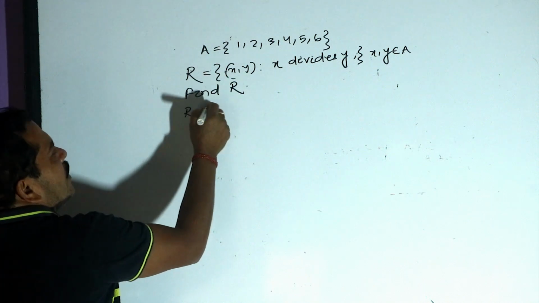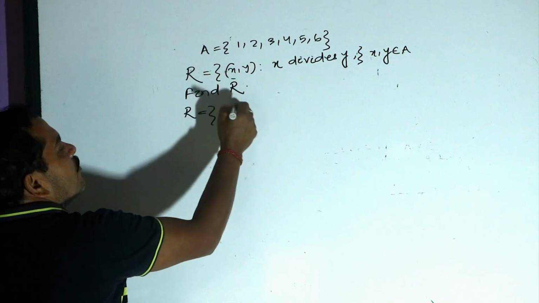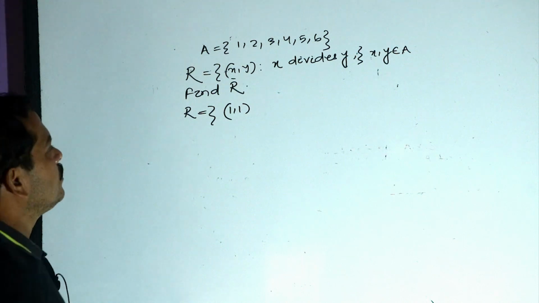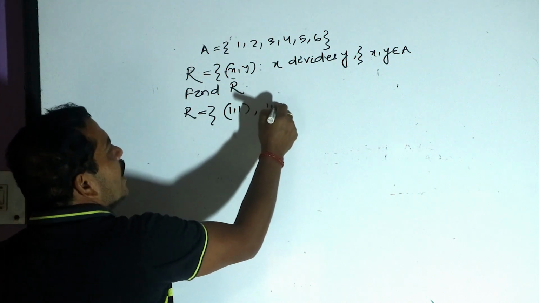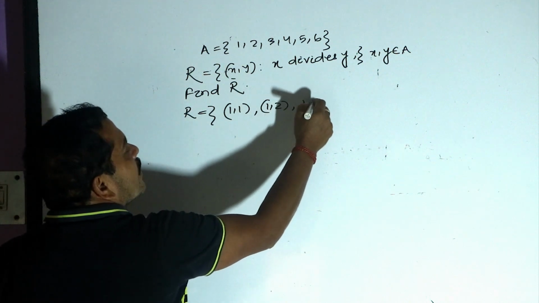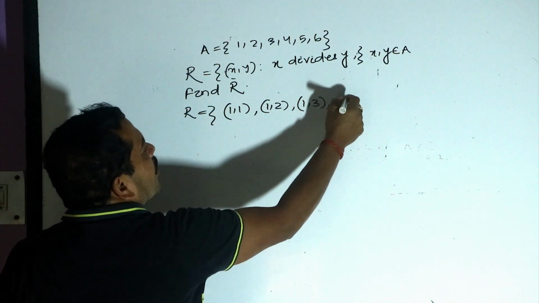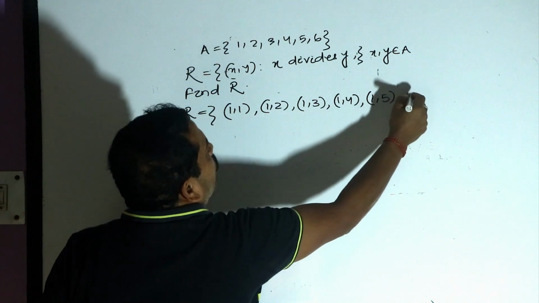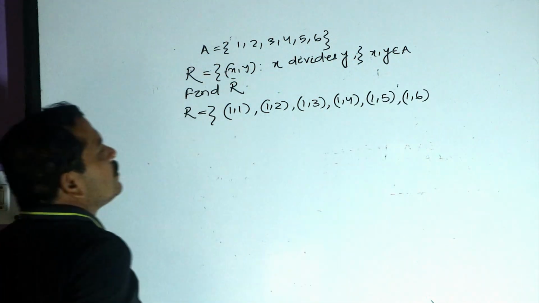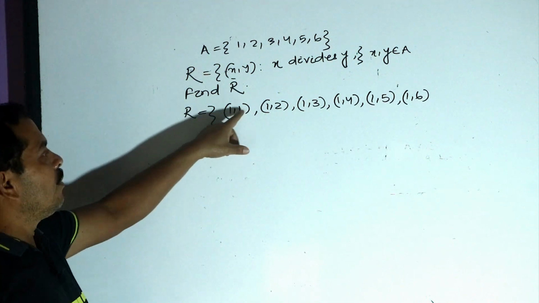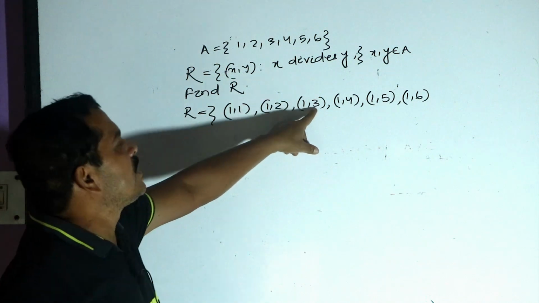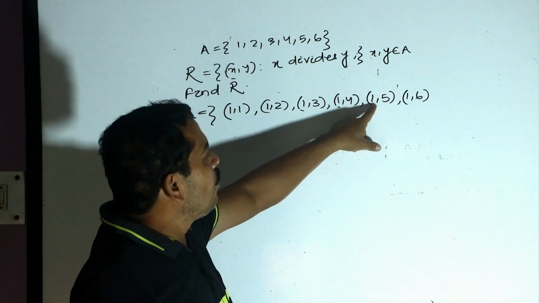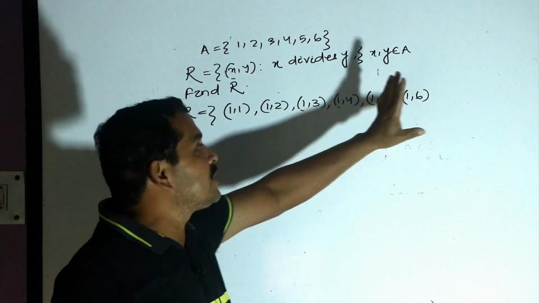Then R will be (1,1), because 1 divides 1. Also (1,2), (1,3), (1,4), (1,5), and (1,6). 1 divides 1, 1 divides 2, 1 divides 3, 1 divides 4, 1 divides 5, 1 divides 6.